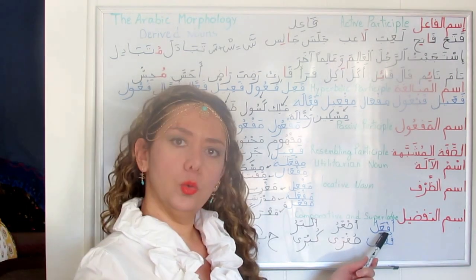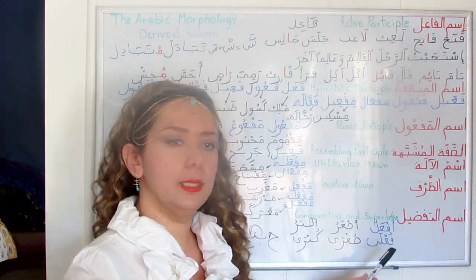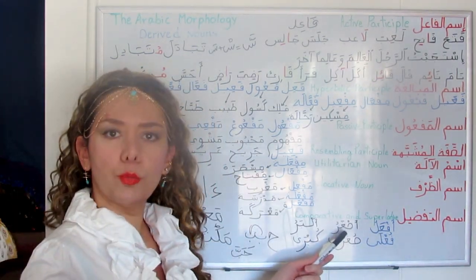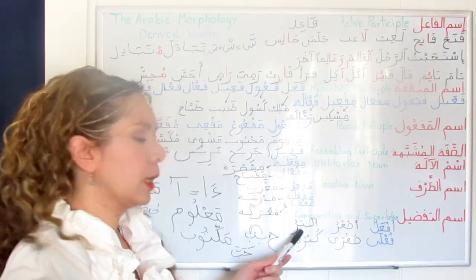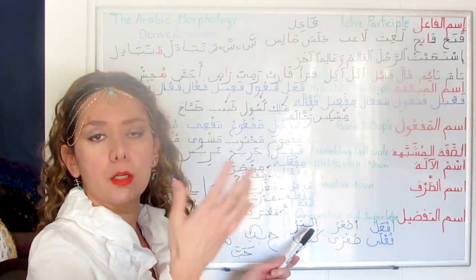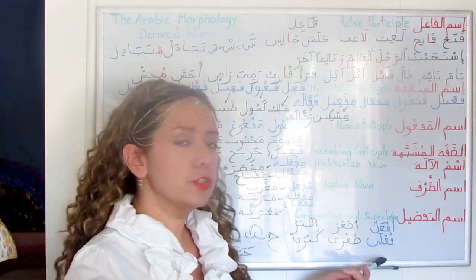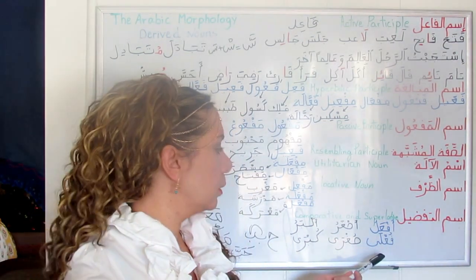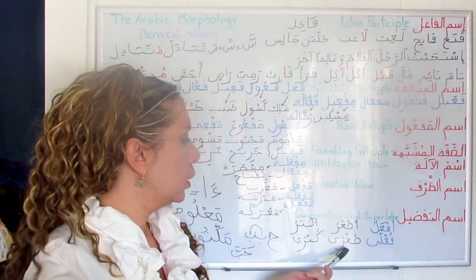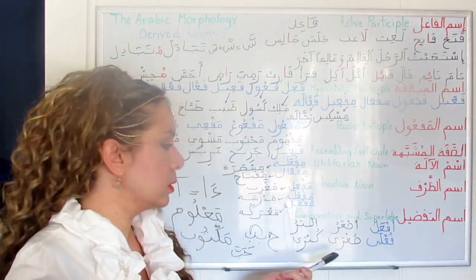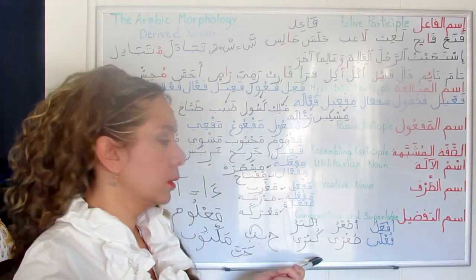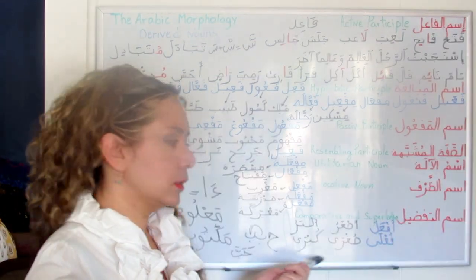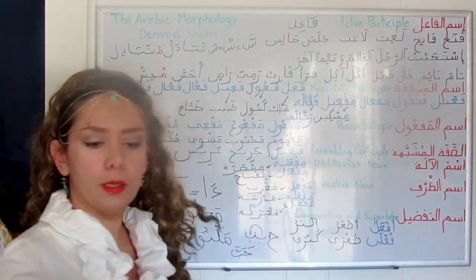So أفعل for the masculine: أصغر, smaller or smallest, أكبر, bigger or biggest, larger or largest. This is the feminine of أفعل: فعلى with a broken alif at the end. صغرى, smaller, smallest. كبرى, bigger, biggest. So masculine, feminine.